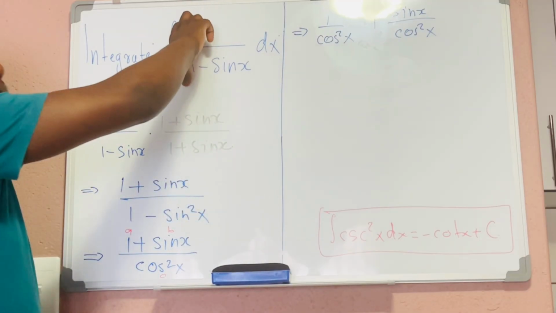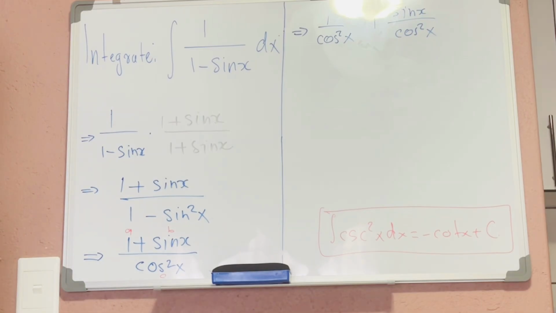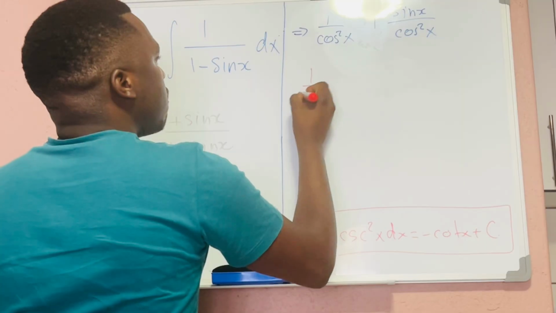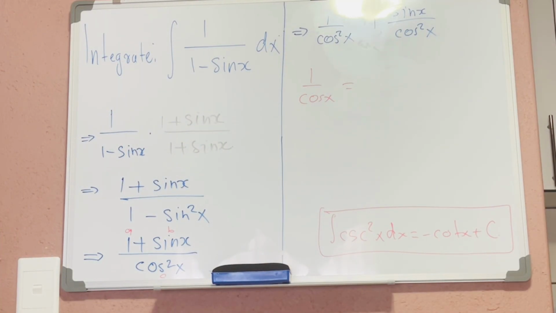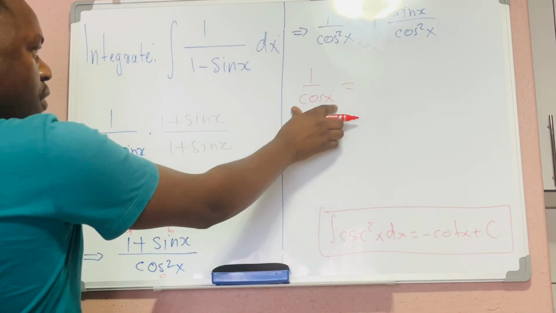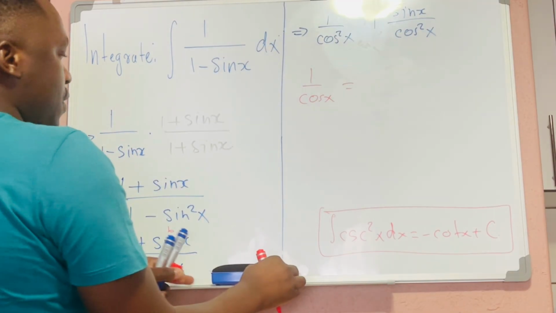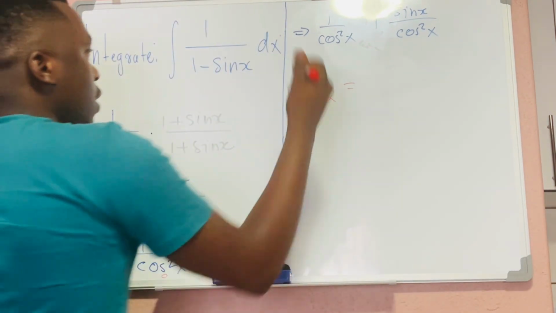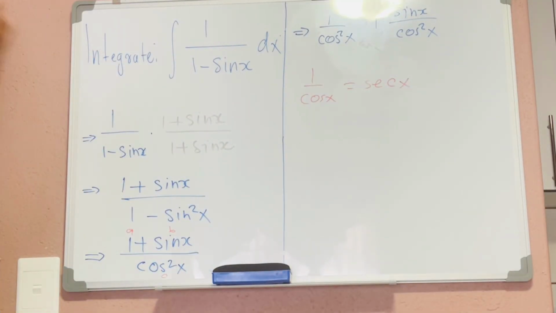Remember, our idea is to integrate this guy. So we're just trying to express this in a different form. All right. So we know that 1 over cos of x is actually your secant of x.